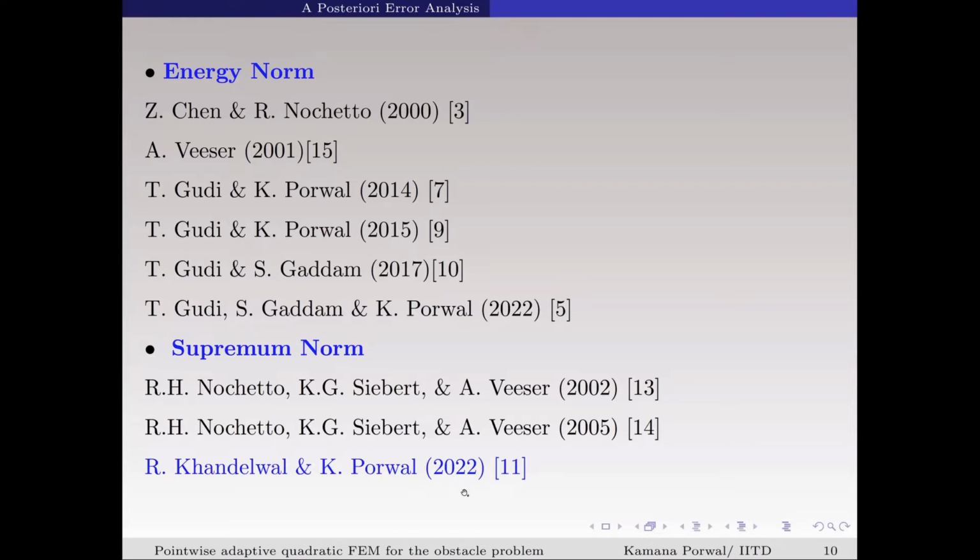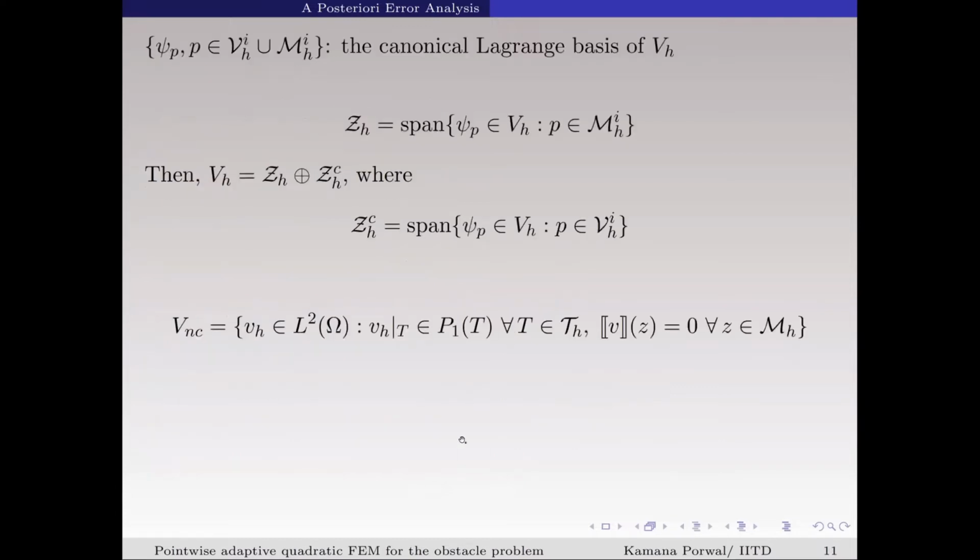Now to define the error estimator, I am going to require some more notions and definitions. So let me introduce them first. psi_p here denotes the nodal basis function of the discrete space VH. The discrete space VH is a quadratic finite element space. So P is going to vary over the interior vertices and the midpoints of the edges.